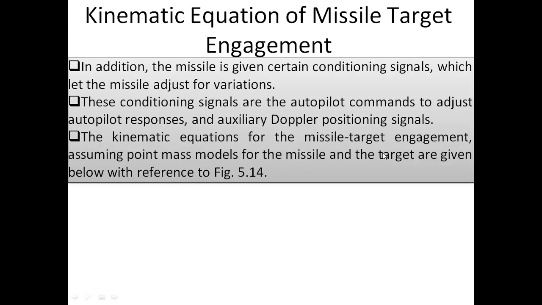Based on the guidance system, we can apply the point mass balance to the target and missile, and we can get the kinematic equation from where we get the required lateral acceleration signal for the missile. So based on this, we'll take one reference diagram.